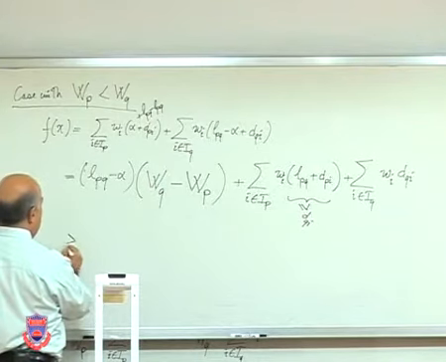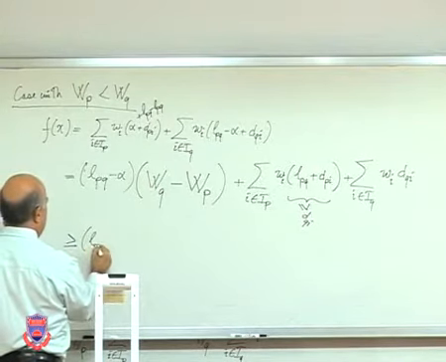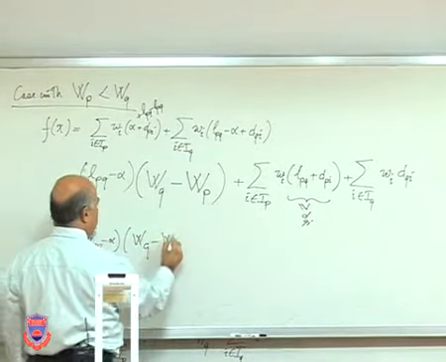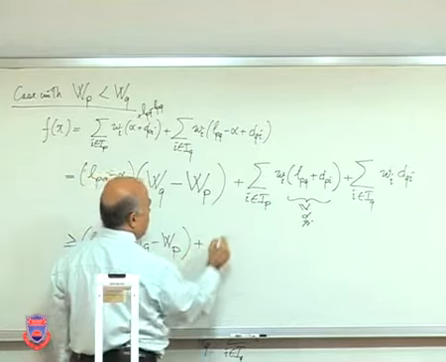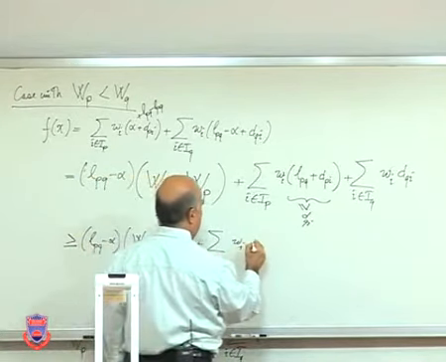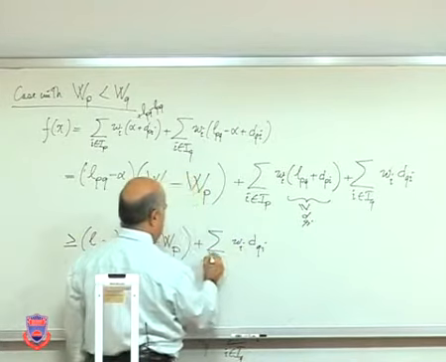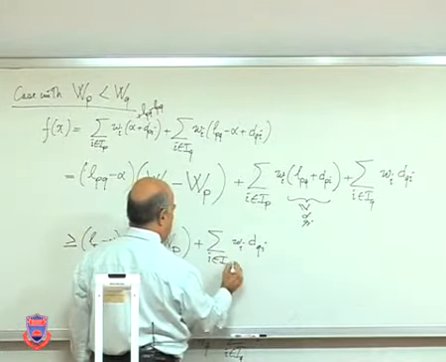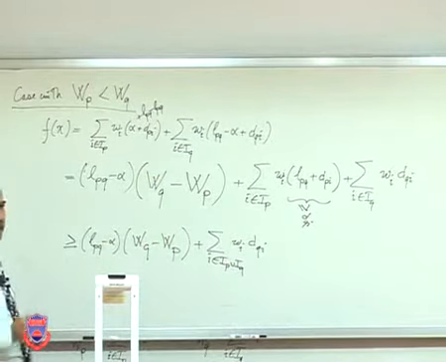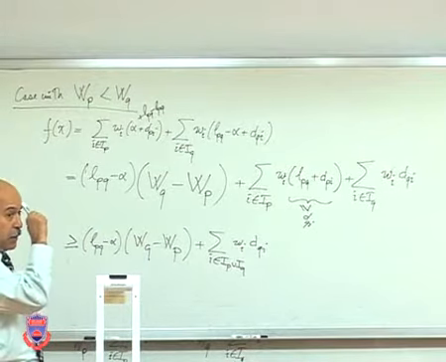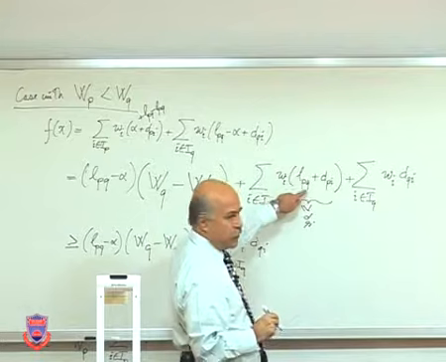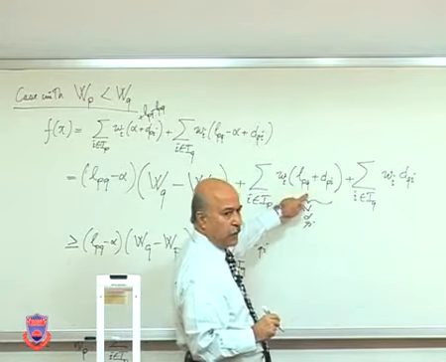So that means we have LPQ minus alpha, WQ minus WP, plus summation WI DQI, I in the union of both sets, or in I. Yes. This one? It should be what?